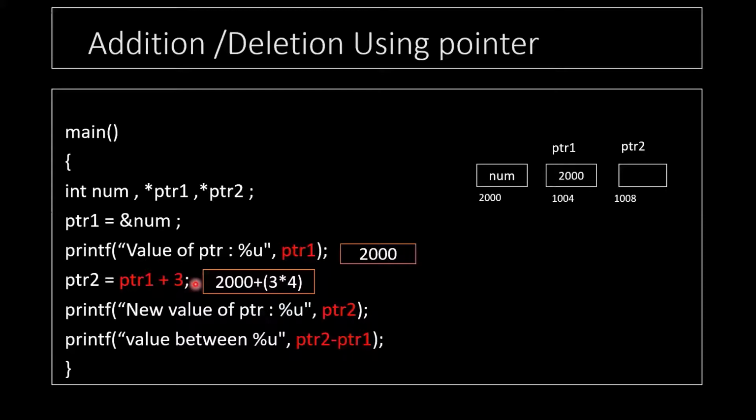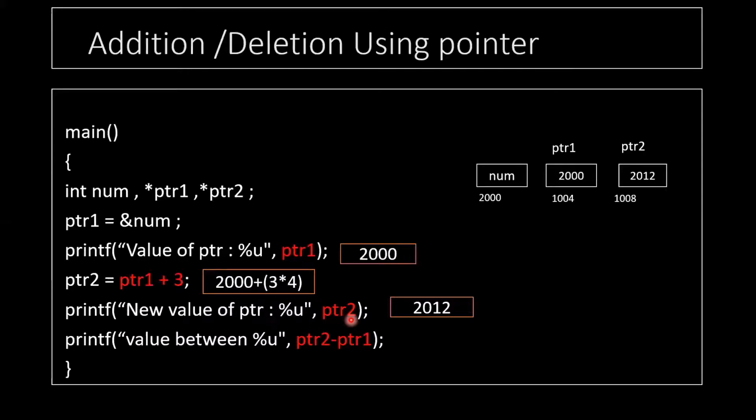Just like the increment operator adds 4 bytes, we are adding 3 times those 4 bytes to this 2000. So the value stored in pointer 2 has now become 2012. Clear? If I print pointer 2, it will print 2012. This also means that pointer 2 is now pointing towards the address value 2012.